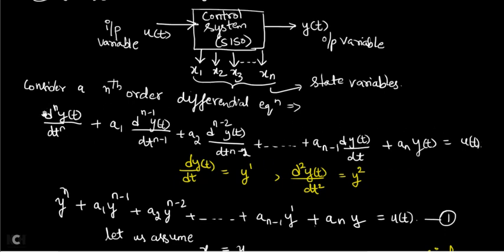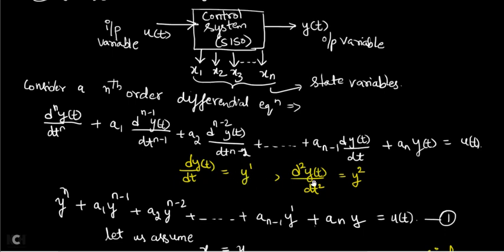Now, the equation looks very complicated. So what I am going to do, wherever d by dt of y of t is there, I am going to write it as y power 1 or y dash. Dash represents what? Single differentiation.